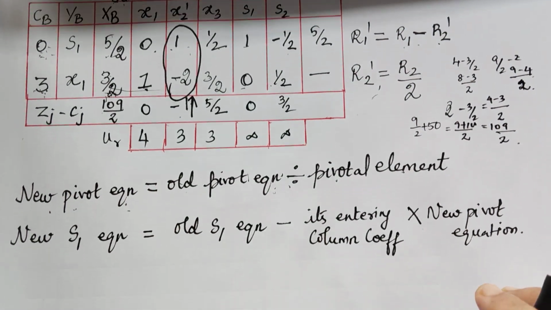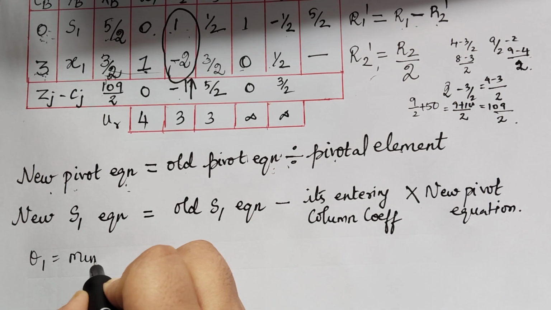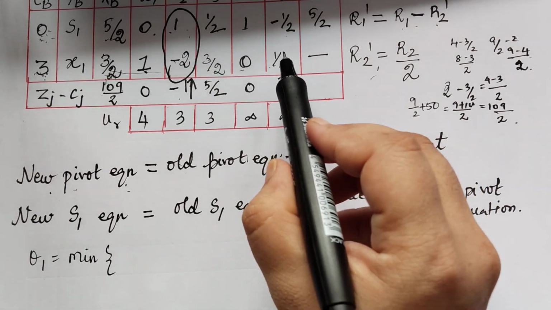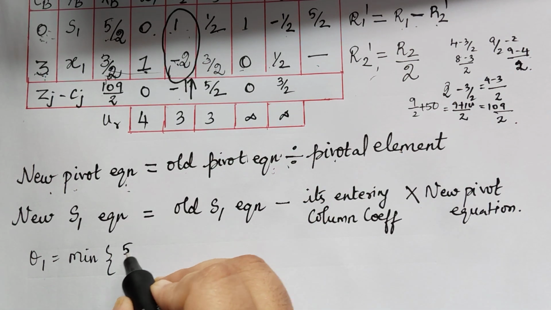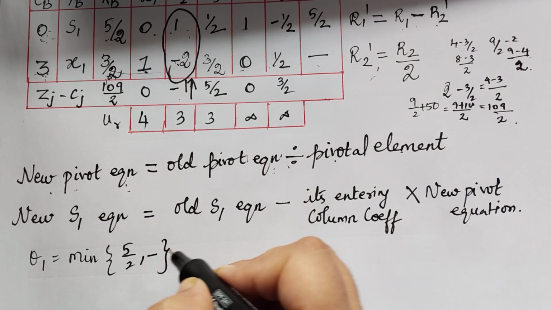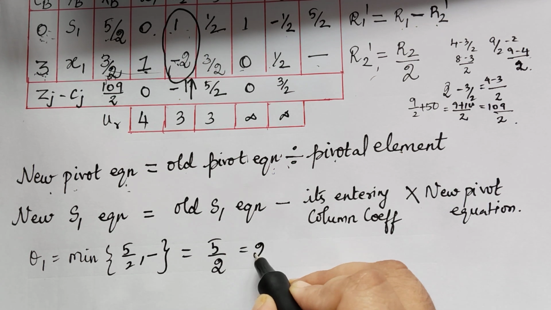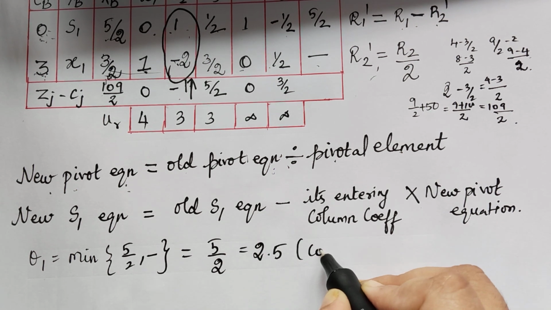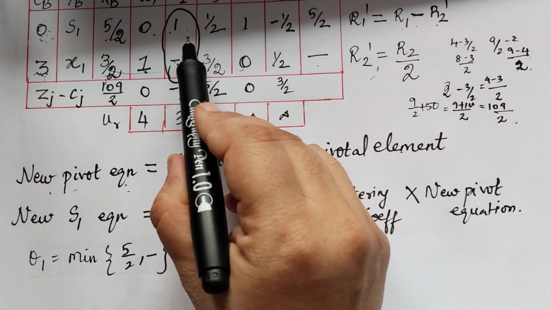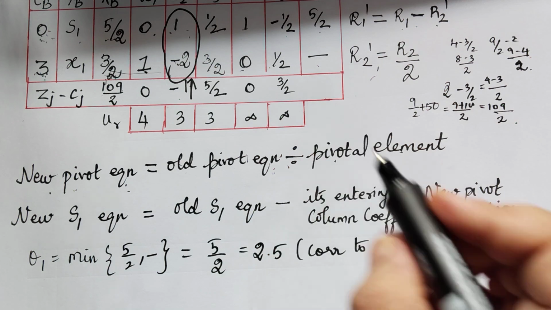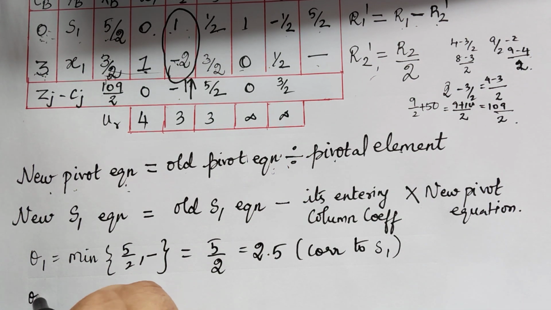So theta 1 is equal to the minimum of, we know that this has to be positive in order to find the ratio, 5 by 2 comma dash. So obviously it is equal to 5 by 2, which is 2.5. And this corresponds to S1. So that also we should write and keep. Okay, next we have to find theta 2.